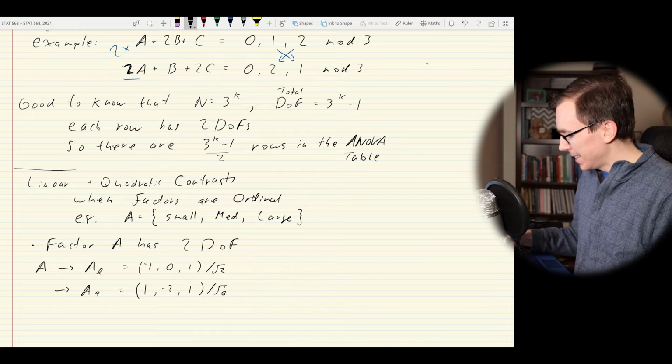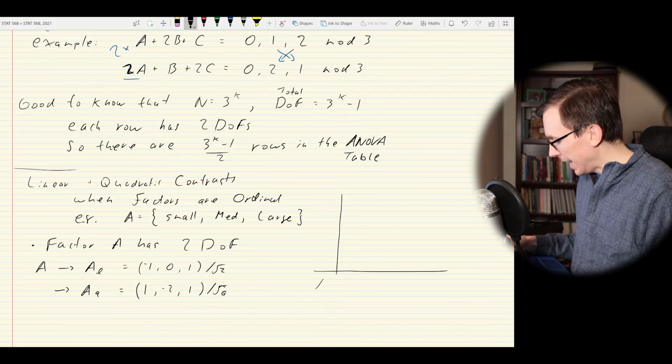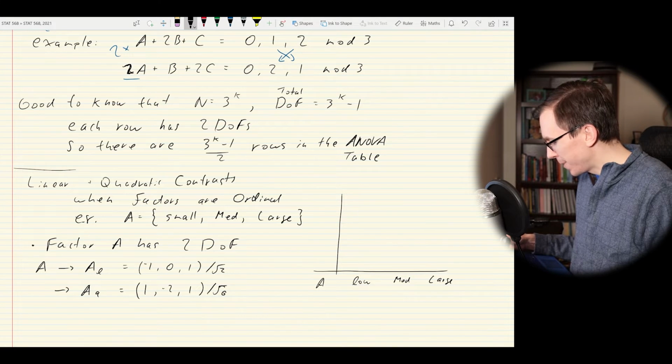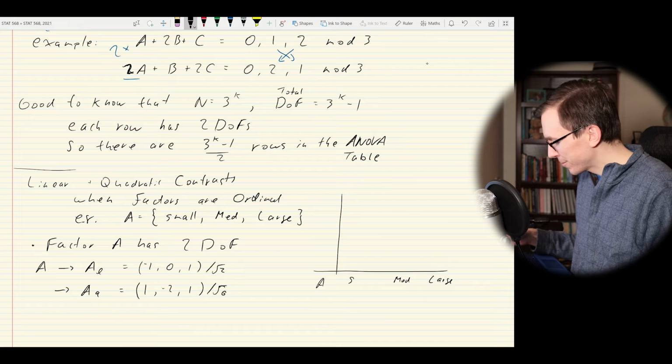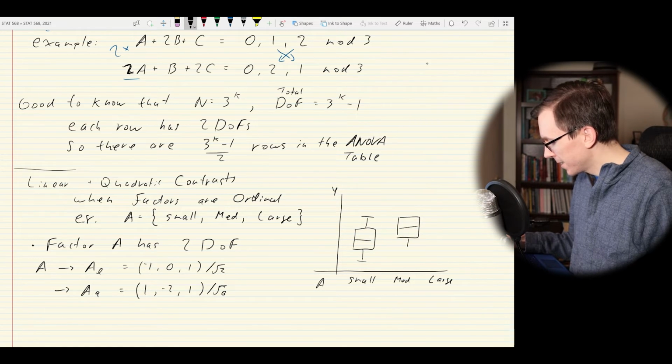Okay, so what does that mean? Well, if we consider factor A at small, medium, and large, and let's say this is the response Y, we'd get some box plots, something that might look like this if we were to plot it out.